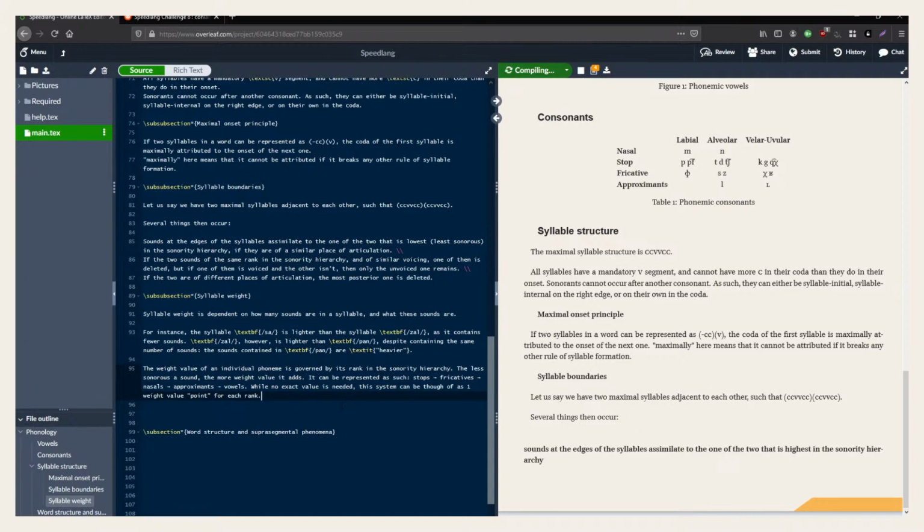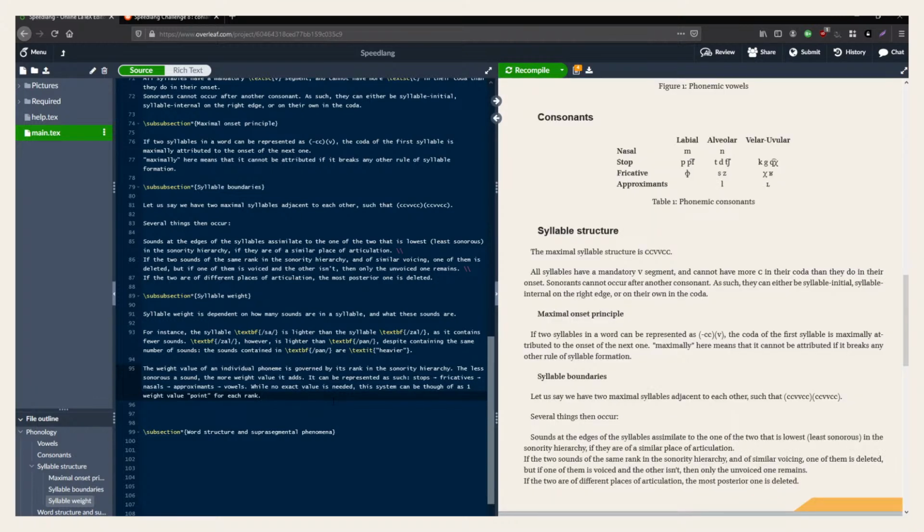So if I say it's one weight value point for each rank, and vowels would be 1, what would you think that nasals are as far as points go? Because to me, it's instinctual, but it might not be for you, but I wrote that, so I'm biased.